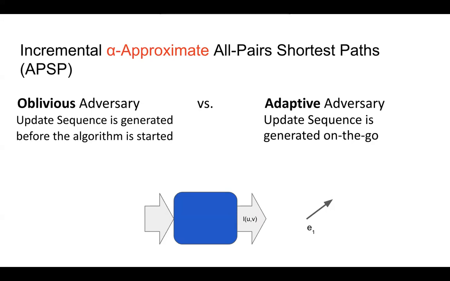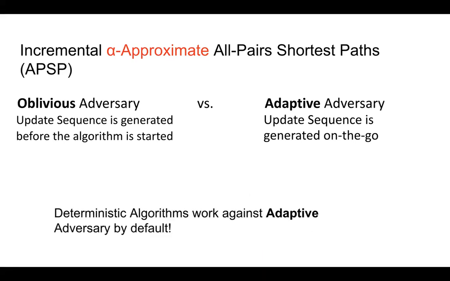And the huge difference is that now the second edge can be designed specifically to make it harder for the algorithm to function properly. But in applications, what we want is adaptive adversaries, because many applications just require this adaptive adversary model.